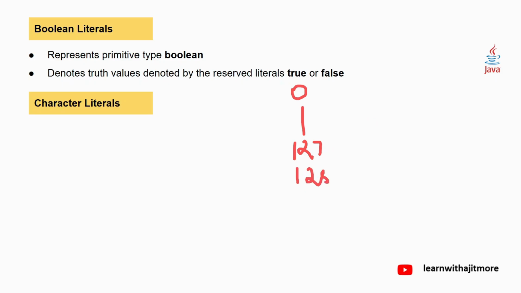Then from 128 to 255, some Latin letters will come, like alpha, beta, gamma and all such. And then from 256 onwards till 65535, which is approximately 64K.